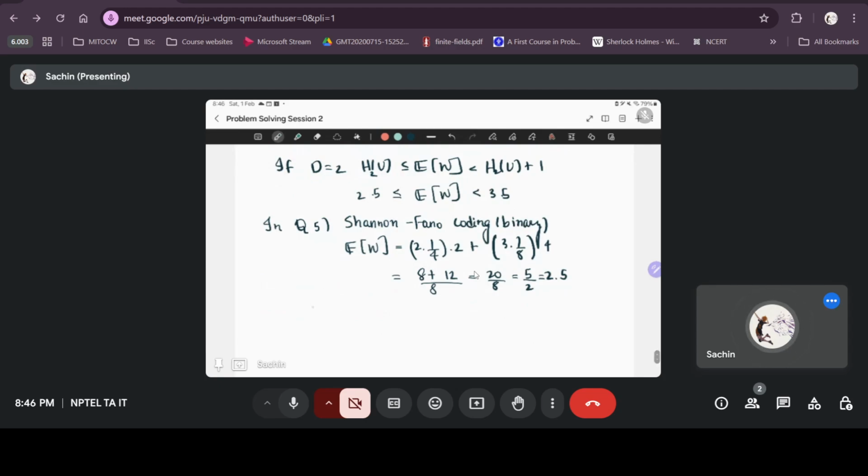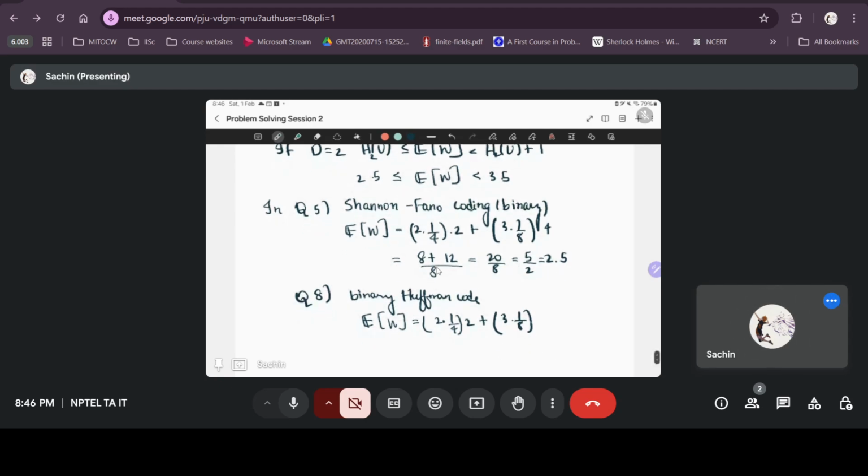And in Q8, we did binary Huffman code. And E of W is again, we had 2-bit code words for messages with probability 1 over 4 and 3-bit code words for messages with 1 over 8. So the expected value was 2.5.